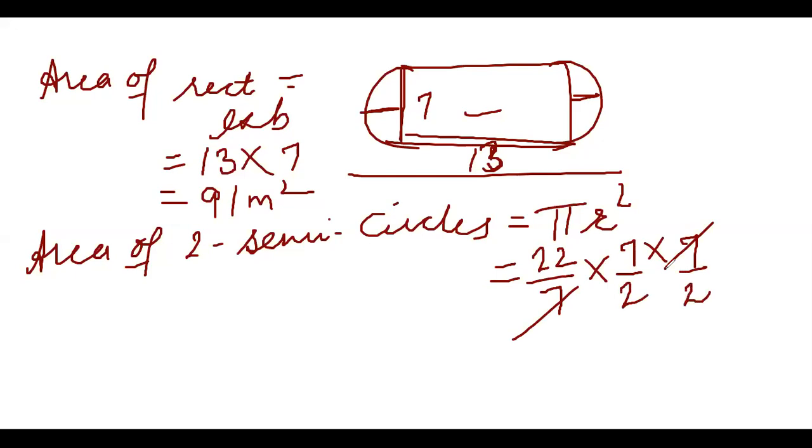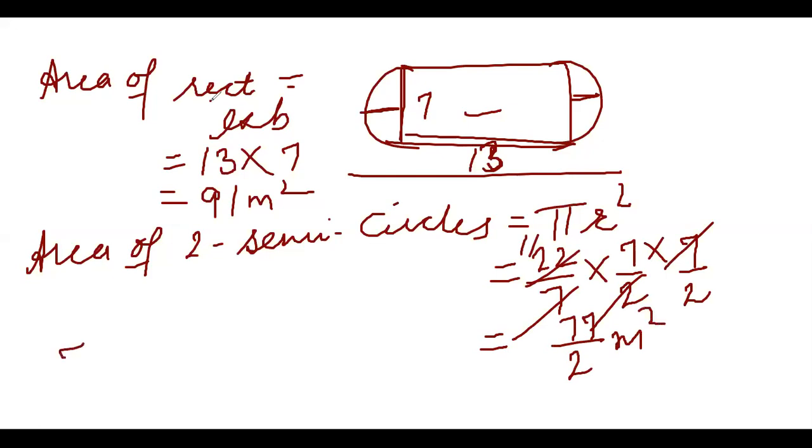Solve it. Then it will be 77 upon 2 meter square, because we are finding out area here.